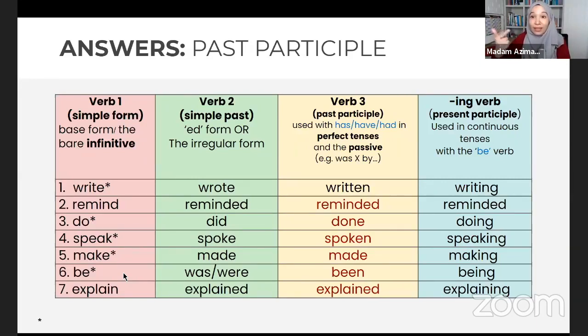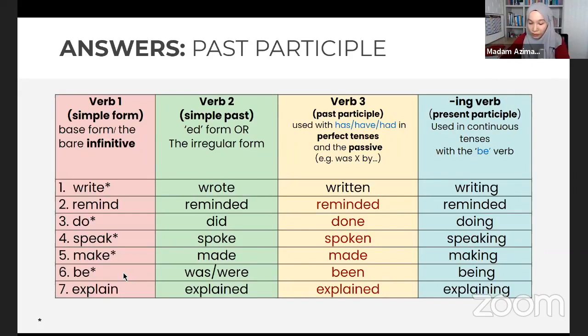And then we have am, is, and are, which is another thing altogether. Okay. Explain, explained, explained for number 7. Okay, so I hope you've got that all correct. If you haven't, take note of where you got stuck. That means this is where you need to work on. Okay, so at least you know, take note of it.